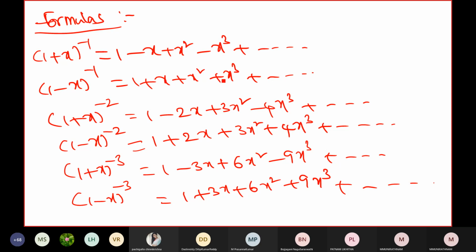Write down the formulas. Problem: solve d square minus 3d plus 2 into y equal to 2x square.